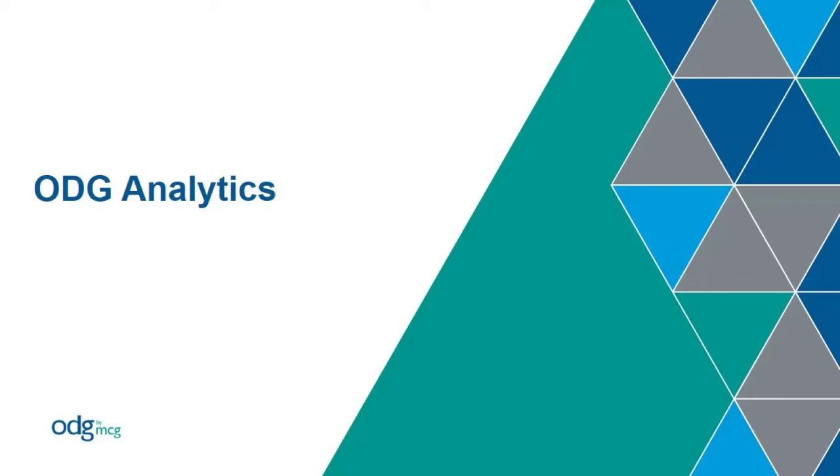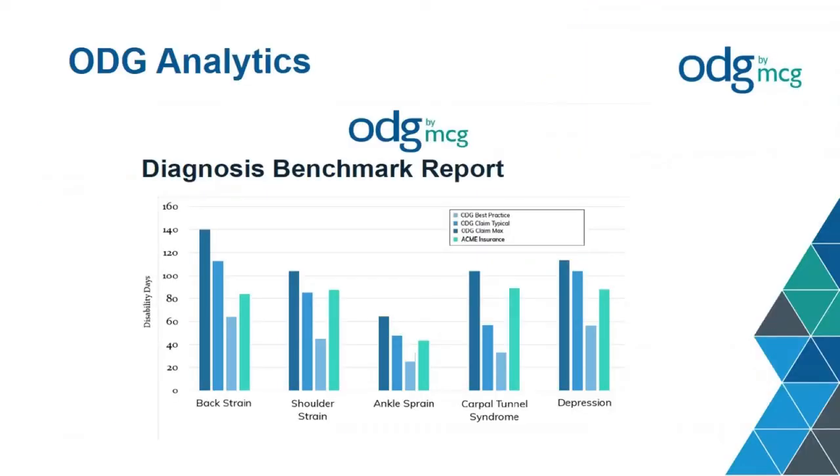This is an example of how an organization can benchmark their return-to-work outcomes against ODG at the diagnosis level. So in this example, this organization is managing back strain claims very well. However, they could use some improvement in managing carpal tunnel syndrome claims.